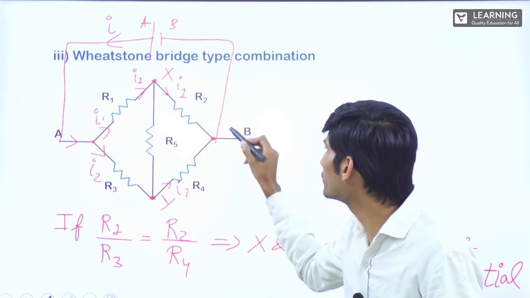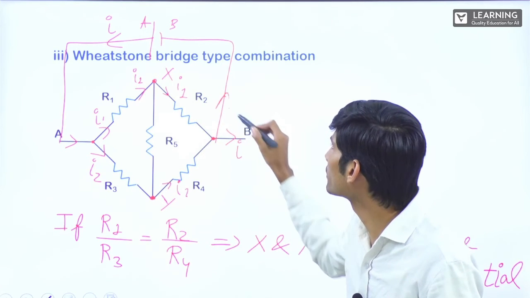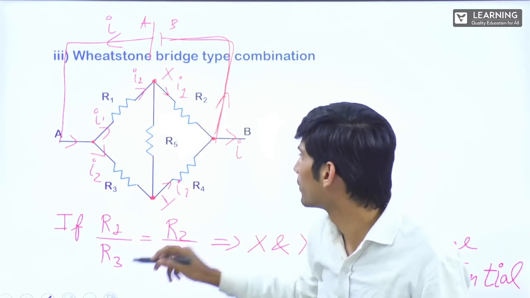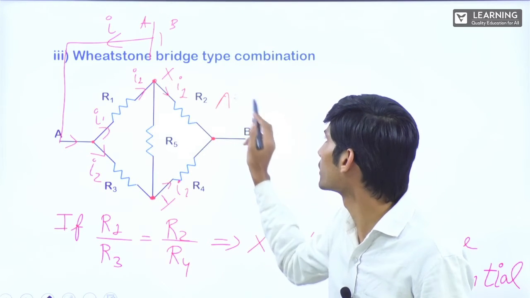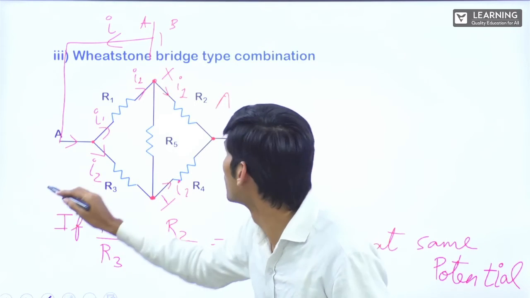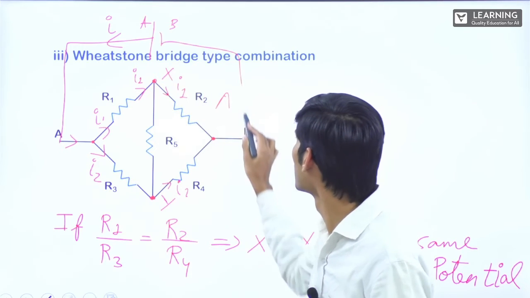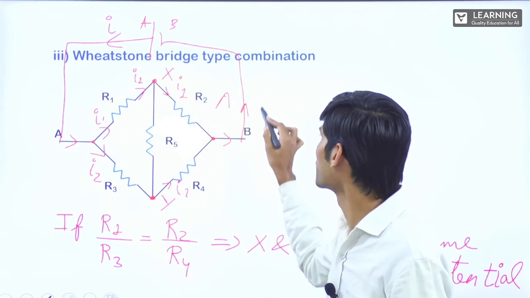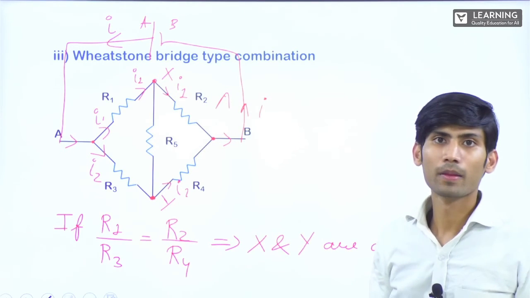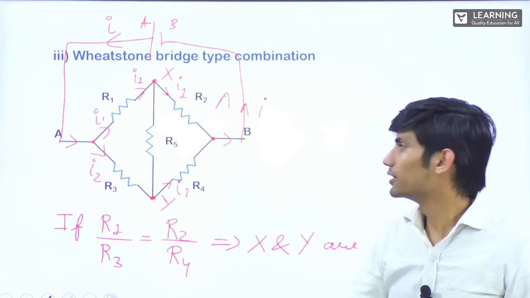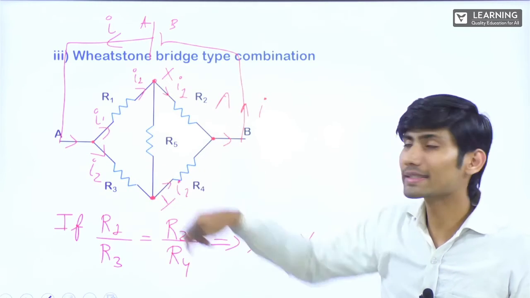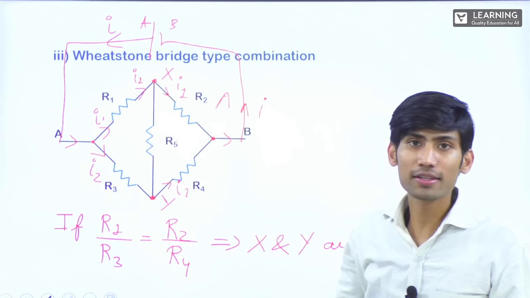Ultimately, this I1, I2 will join here and come out as I, and the same current will go here, right? I should connect this to this B. This will come out here and go as I, right? So if same current is going in these two resistances, that means these two resistances are in series.